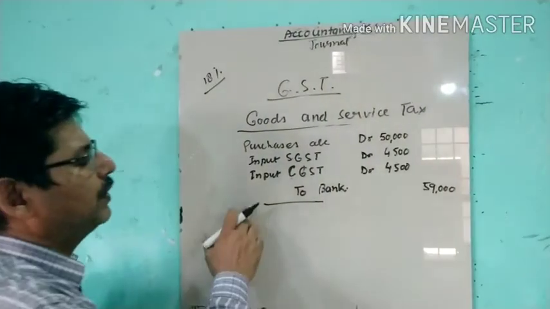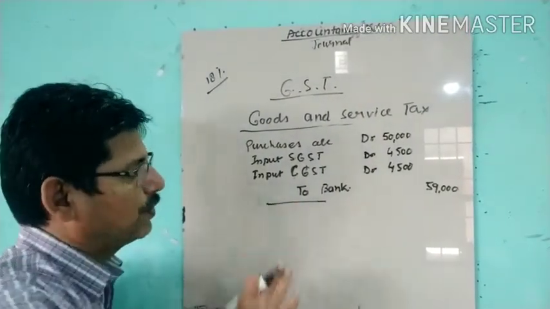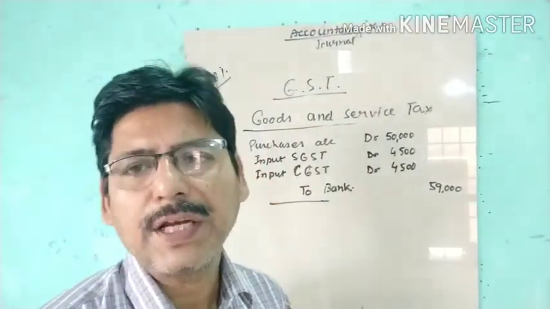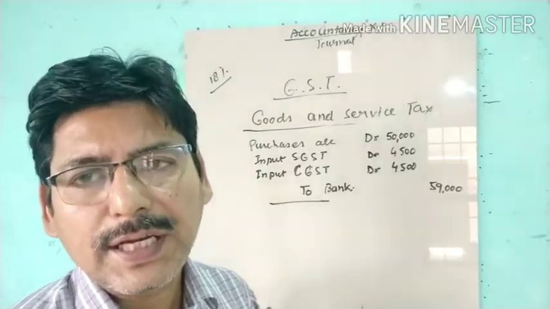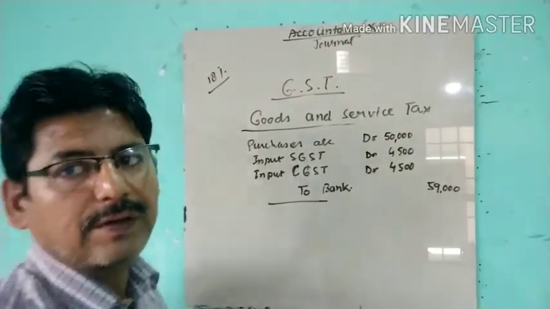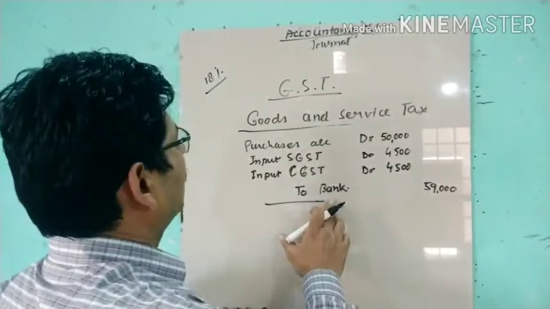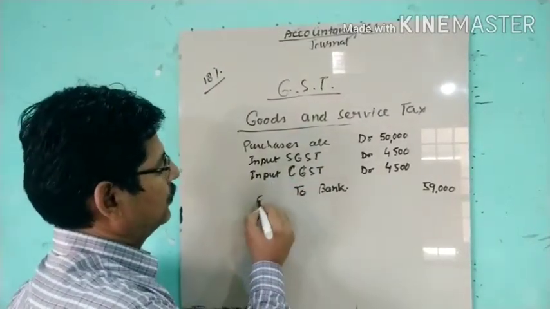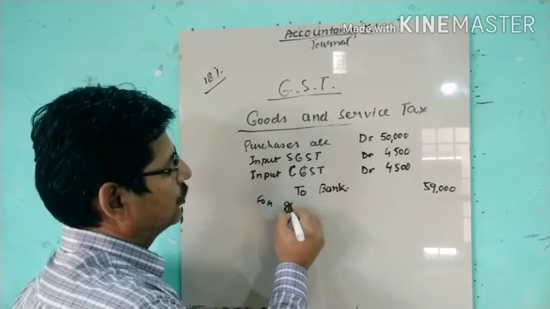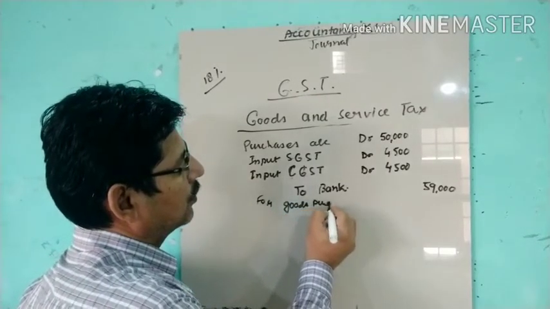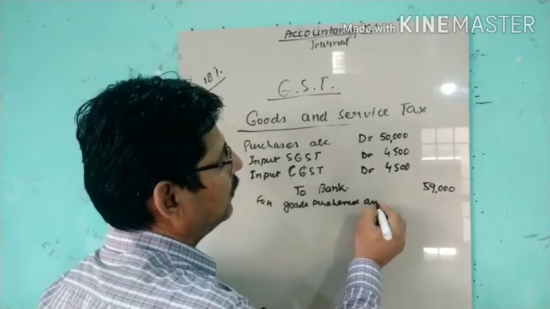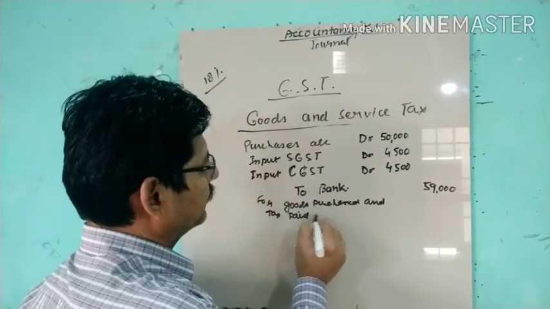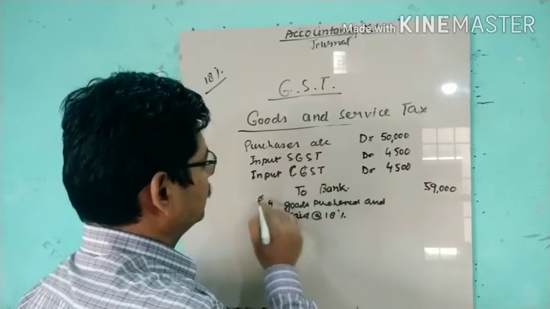We could put here: purchased goods for rupees 50,000 and CGST and SGST paid at the rate of 18%, for goods purchased and tax paid at the rate of 18%.